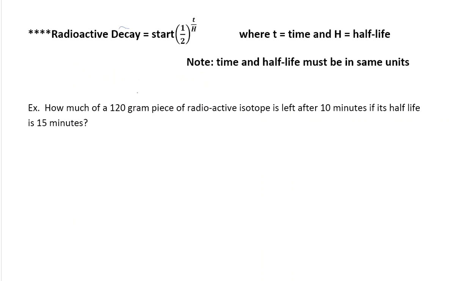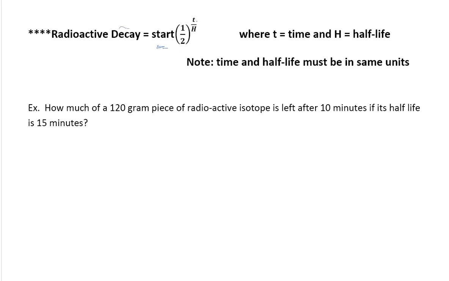All right, the last thing we're going to cover in this section is radioactive decay. Write the formula you'd want to write down. The starting weight of the sample times, of course, the growth is half in all half-life problems. What's different is the exponent.